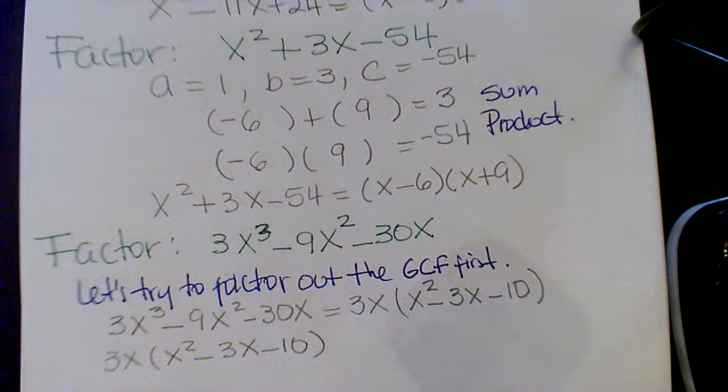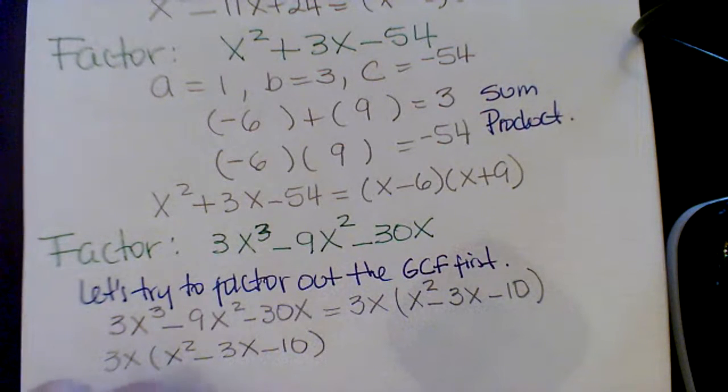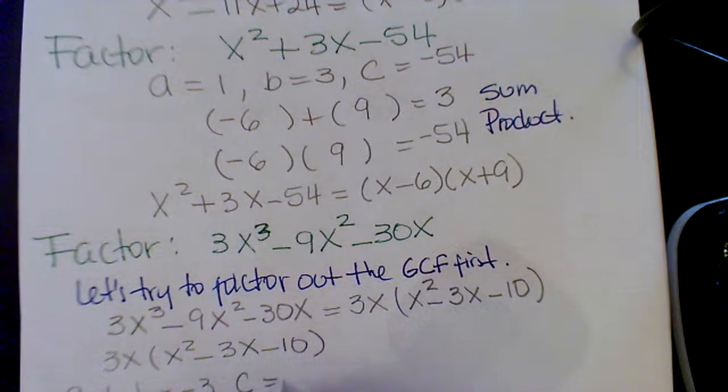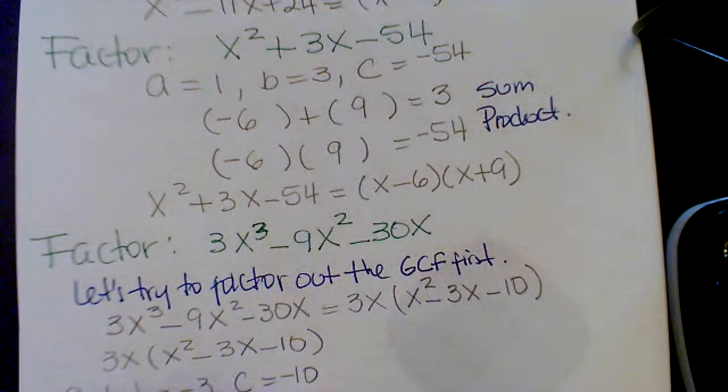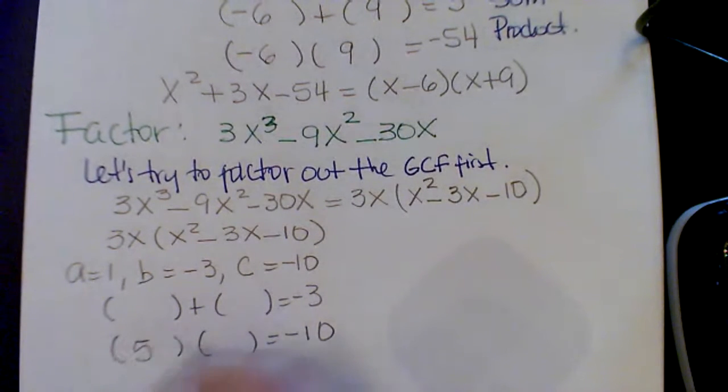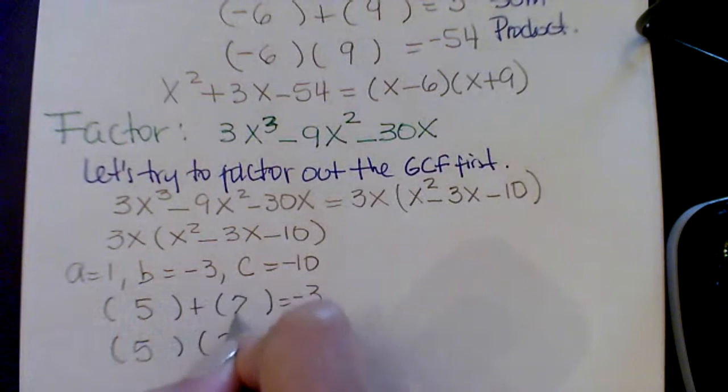All right? I know a is 1, b is negative 3, and c is negative 10. So I have to find two numbers that when I add them, I get negative 3, and when I multiply them, I get negative 10. That will be 5 and 2.